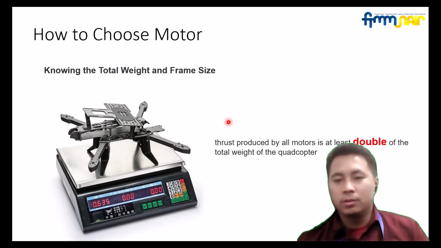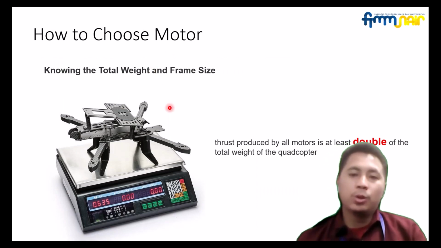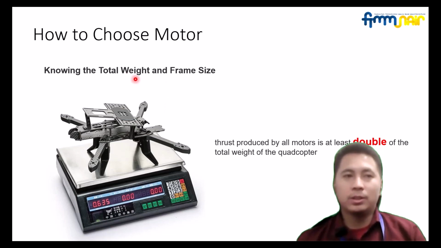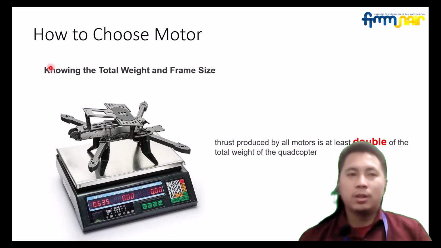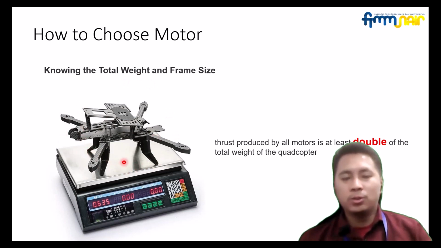So how to choose the motor? First, you have to know the total weight and the frame size. The total weight of the quadcopter should include all the components: the flight controller, ESC, motors, propellers, RX, video transmitter, antenna, LiPo battery, GoPro camera, and so on.